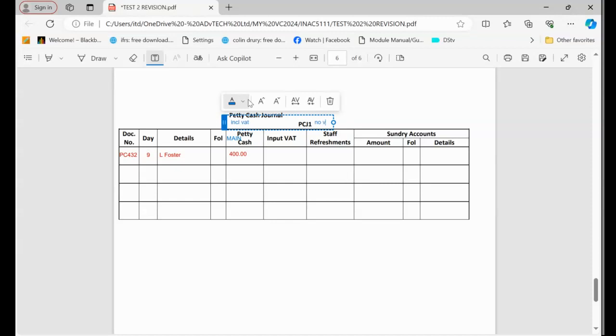No VAT because it's refreshments. This must exclude VAT, so this can help us a lot. It's important to write these things on top because it will be easy for you to understand.